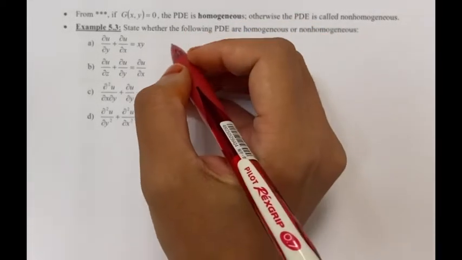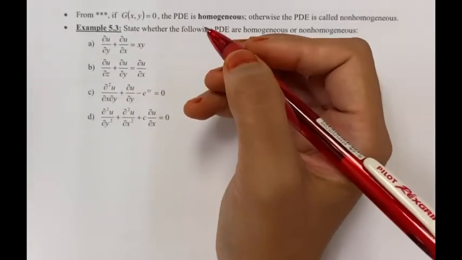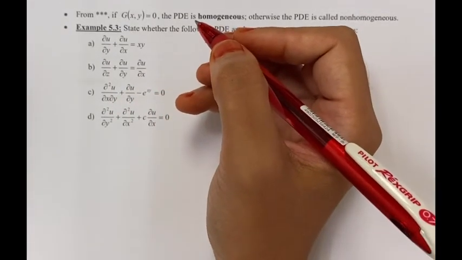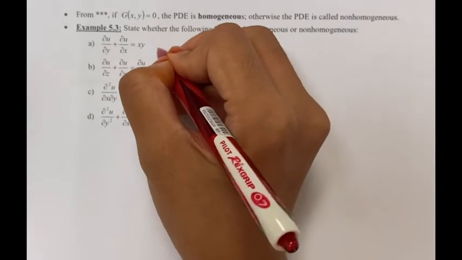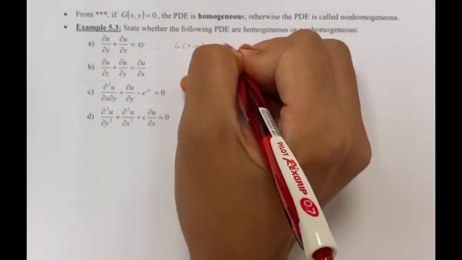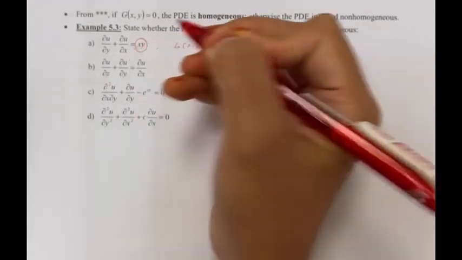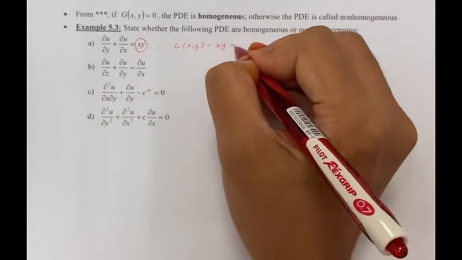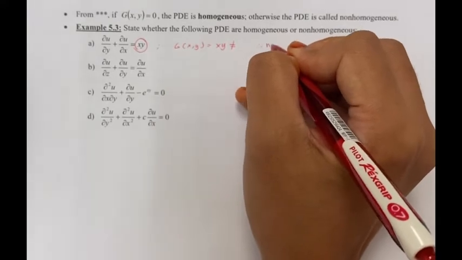So in this first example, you have your g of x, y. g of x, y is equal to xy. Okay, so since it is not equal to 0, this is a non-homogeneous PDE.